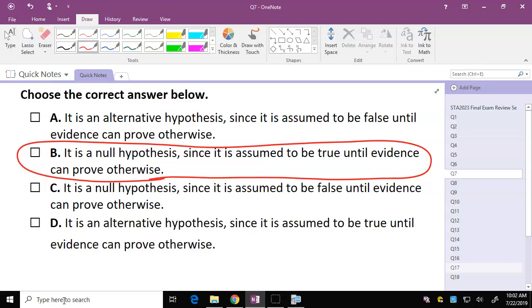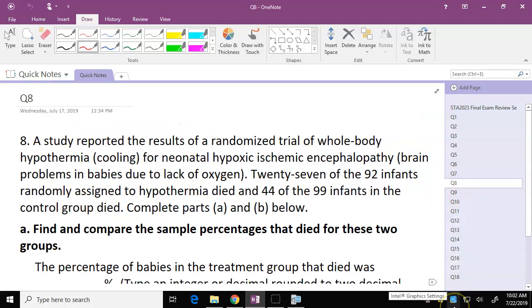Question number 8 is coming to you from 8.4. All right, I'm not going to read a lot of these names because those are some crazy names.